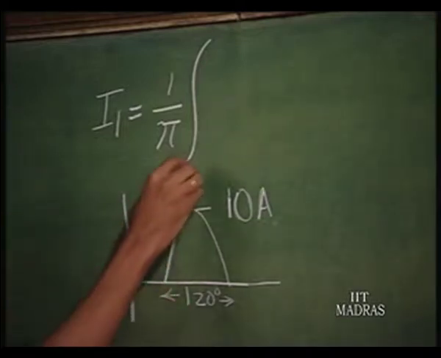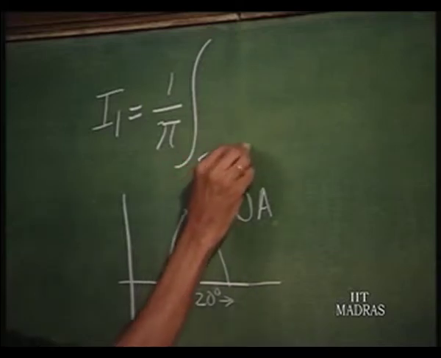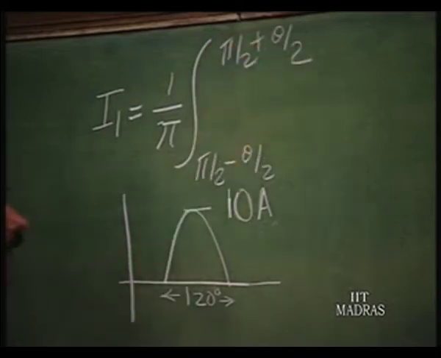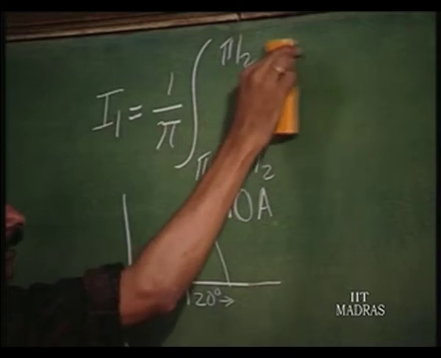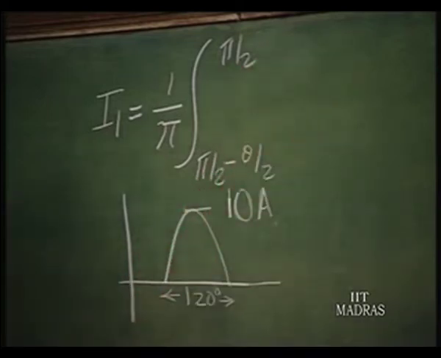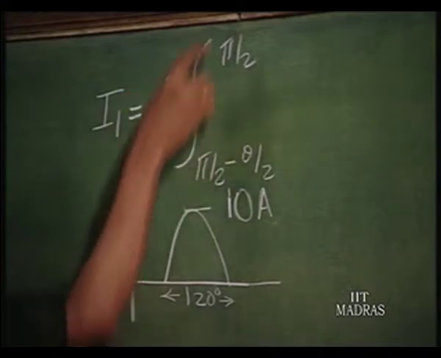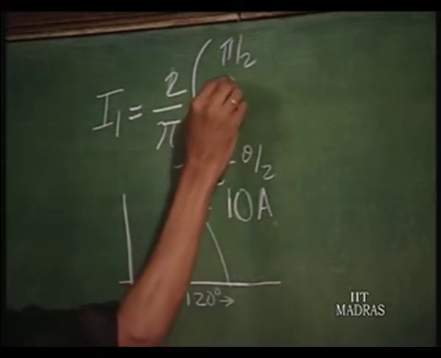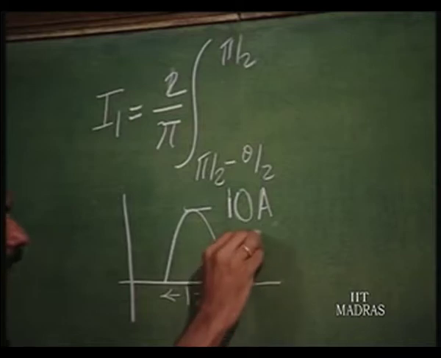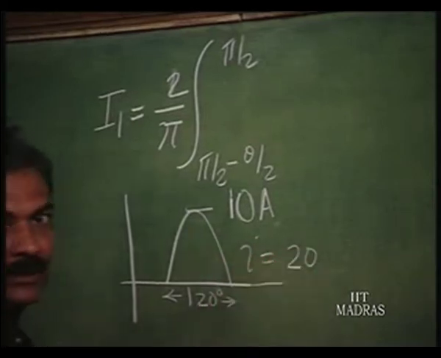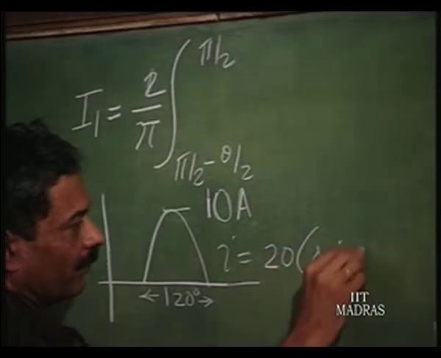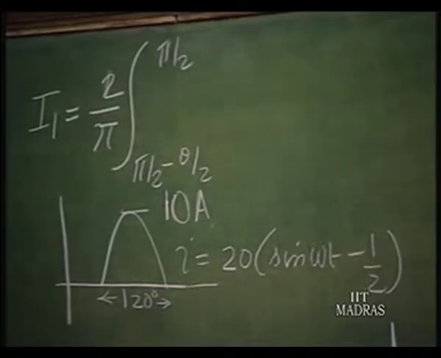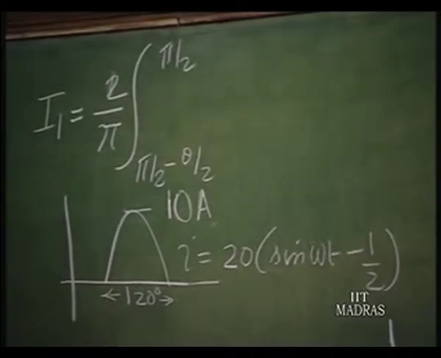Here the waveform exists from pi by 2 minus theta by 2 to pi by 2 plus theta by 2, which once again is sort of double the value taken from here to here. And this waveform we have already defined as 20 sin omega t minus half, because theta is taken as 120. This we had derived earlier.